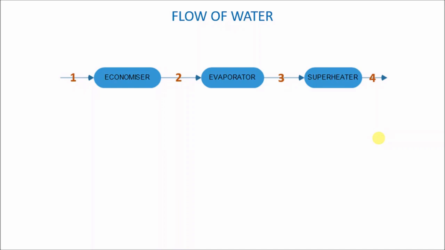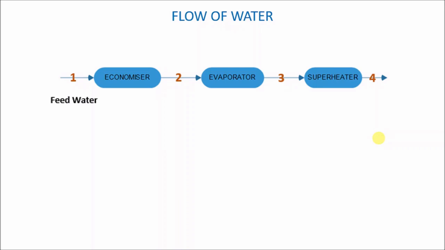So this is a very simplified drawing of a steam plant, but it really helps you to understand how to solve a problem, especially when the data that you have in the question are given in terms of the flow of the water. So the water goes into the economizer at state 1, and the water that goes into the economizer, we refer to that as feed water.